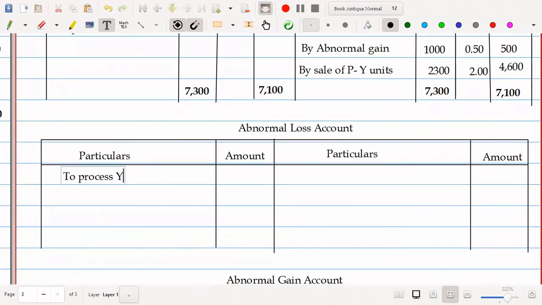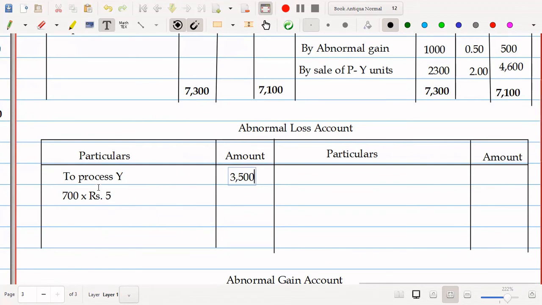In process X account, it was abnormal gain. In process Y, it was abnormal loss of 700 units at the rate of rupees 5. It comes to 3,500.